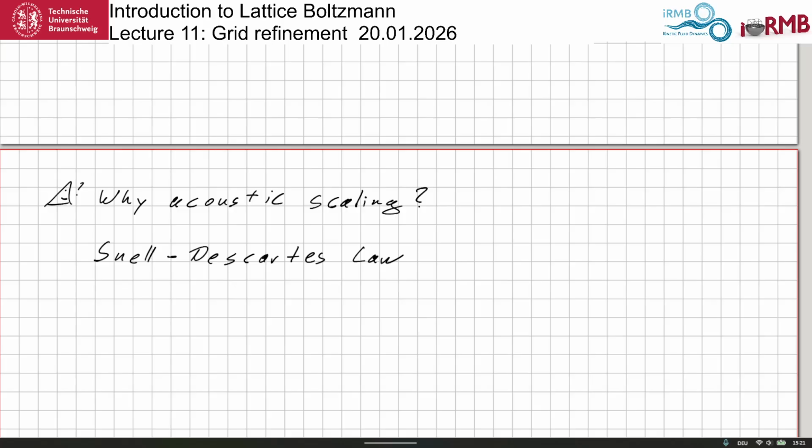So Snell's law, what is Snell's law? Snell's law has to do with traveling waves in a medium. When you look at this window, this is always the example. The speed of light in the window is different from in the air.